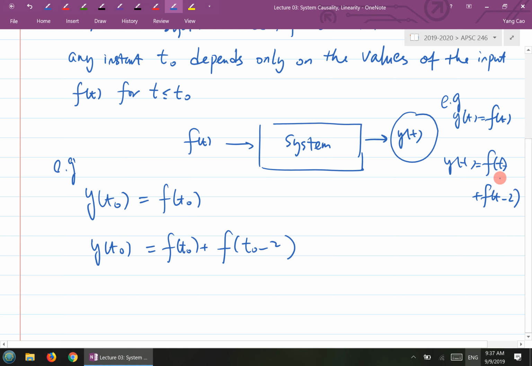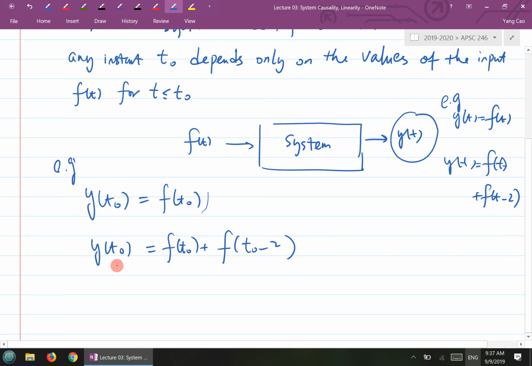If this is the actual output, then the output at any time t naught will be given by this expression and that expression. If you look at the first expression, what it tells you is the current output depends on what? The current input, f of t naught, representing the current input at t naught.